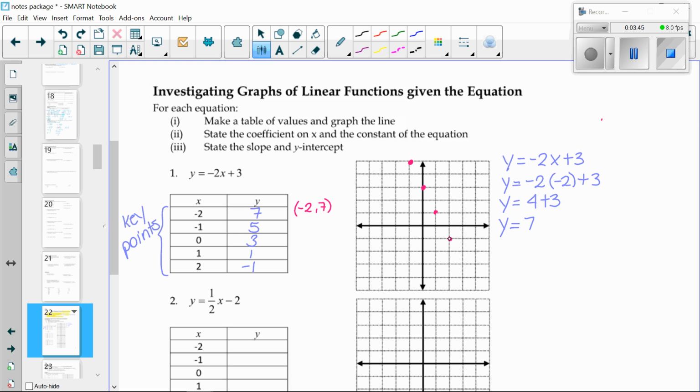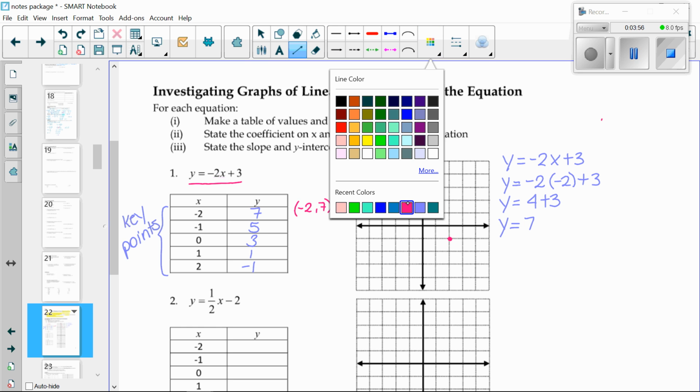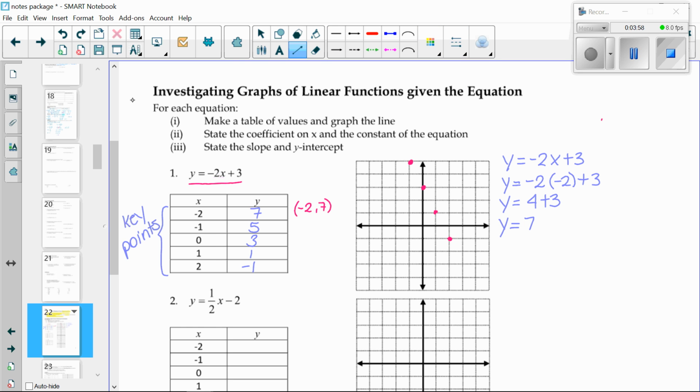Okay, now because we are graphing an equation, you need to join your points. So I'm going to use the straight line tool, and I'm going to plot those points. Oops, I don't want to move my points.